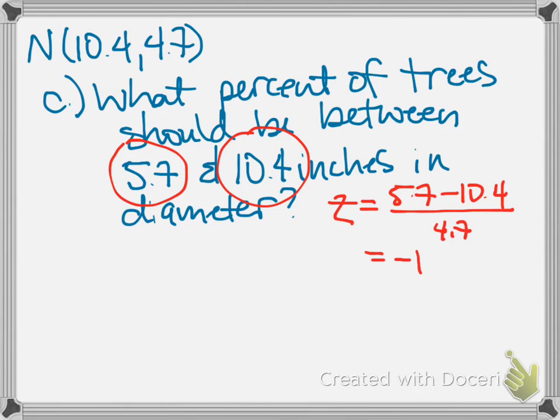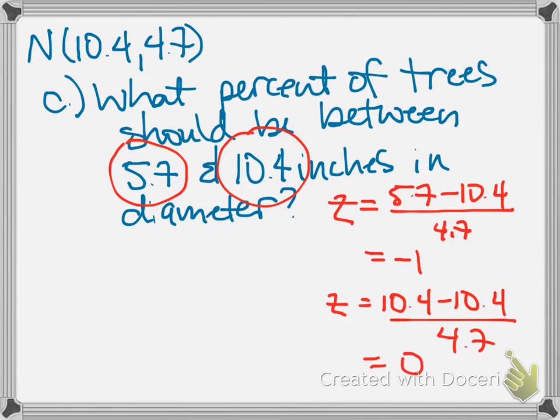And also, probably not shocking, for our second data point, the z-score we are interested in is 10.4 minus our mean of 10.4 over 4.7, which is, of course, just a z-score of 0. So those are the two z-scores that we care about.